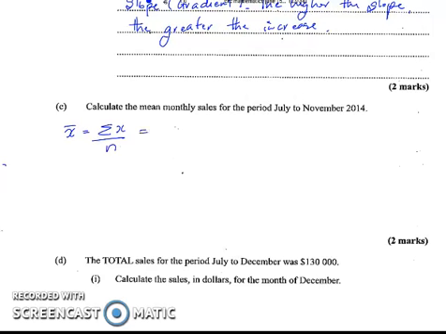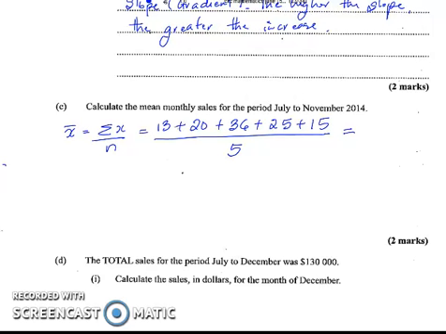So the values were 13 plus 20 plus 36 plus 25 plus 15. That was the monthly sale for every month, and it was for a total of 5 months. So you put it over 5.